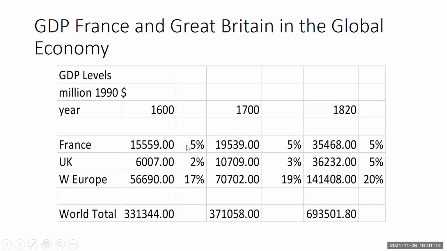And so we see that France maintains approximately, even though its GDP is growing, its percentage of the world GDP stays the same. The world GDP is growing at the same rate as France's GDP. Whereas Britain's share of the global GDP doubles over this same time period.